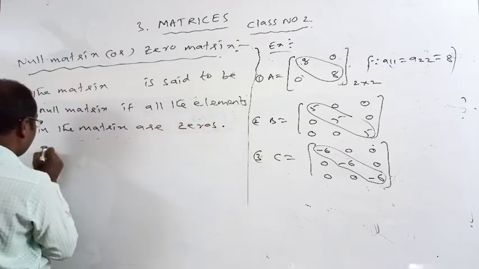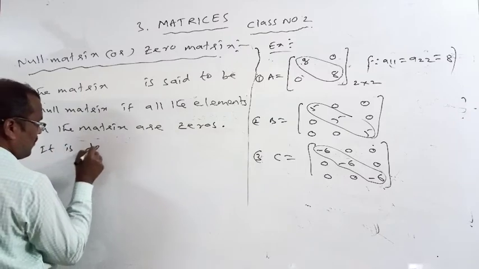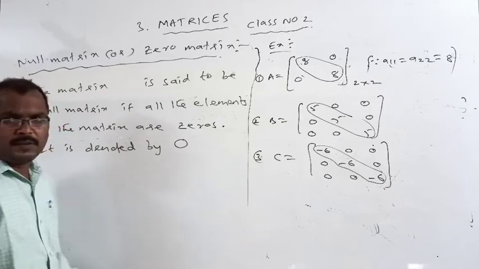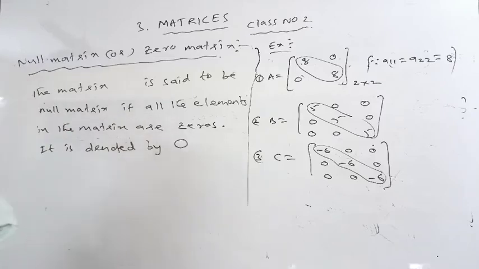It is denoted by O. Null matrix is denoted by O.